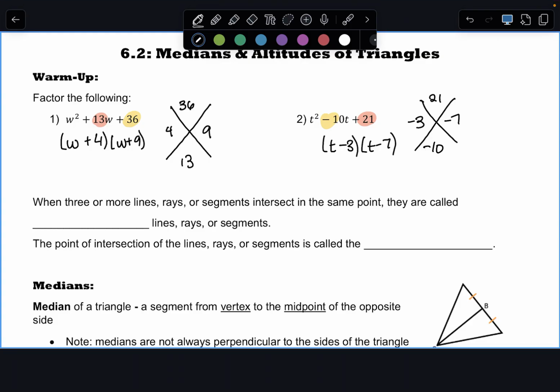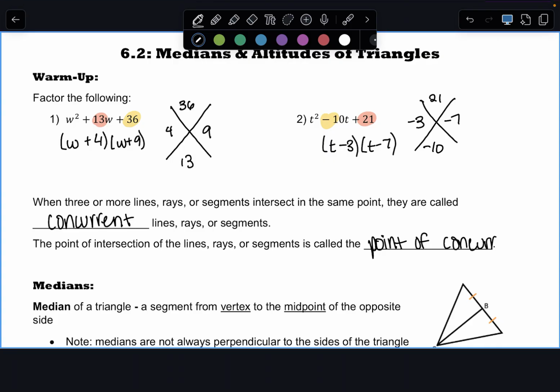But when we draw all those lines in a triangle and they hit the same point, they intersect at a point, we call them concurrent, okay? And that point that they intersect at, so like all of these points right here, we call that the point of concurrency.